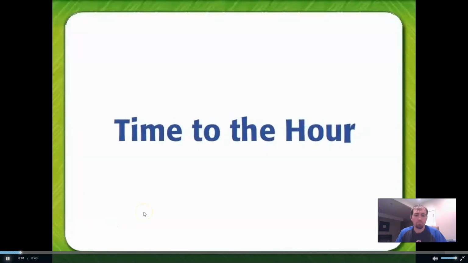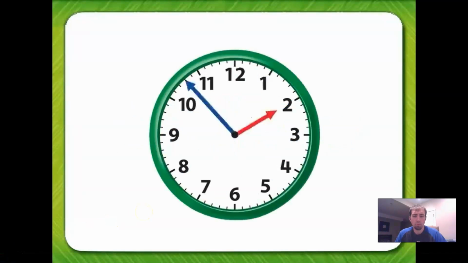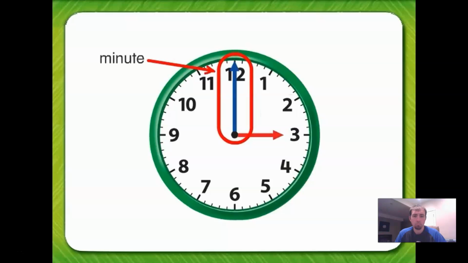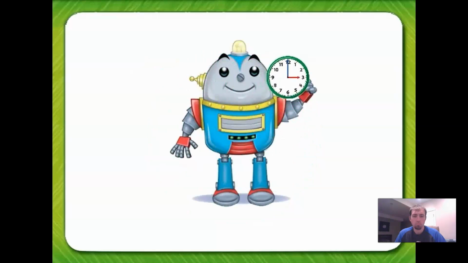Time to the hour. The clock has the numbers 1 to 12. The hour hand is shorter. It points to the hour. The minute hand is longer. It points to the minutes. The hour hand is on 3.